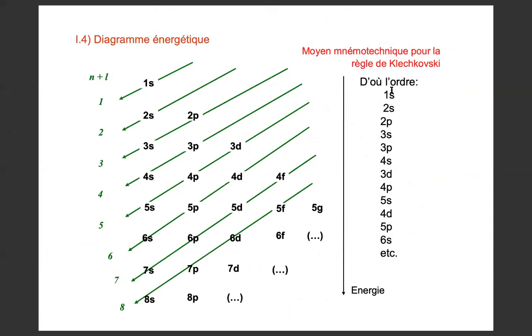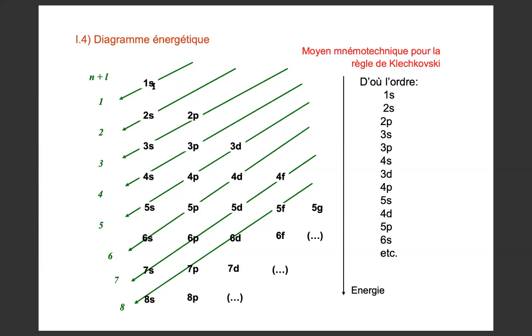This is the order in which you fill in these shells. You start with 1s, 2s, 2p, 3s, 3p, 4s, 3d, 4p, 5s, 4d, 5p, 6s. Now, what Mr. Blaise found on the internet was this here. It was a progression of the quantum numbers and the energy shells that are attached to those particular quantum numbers.